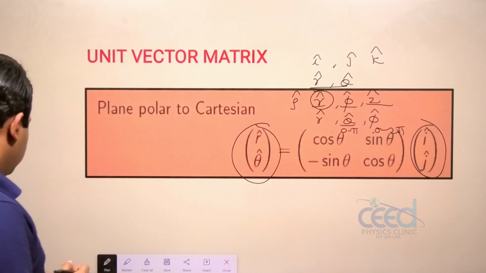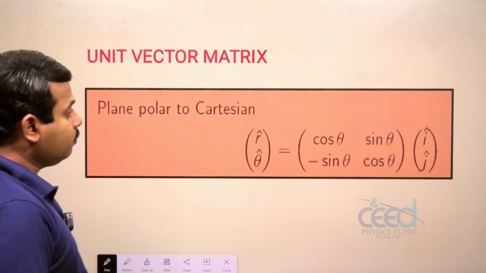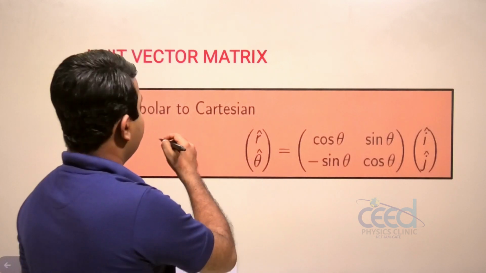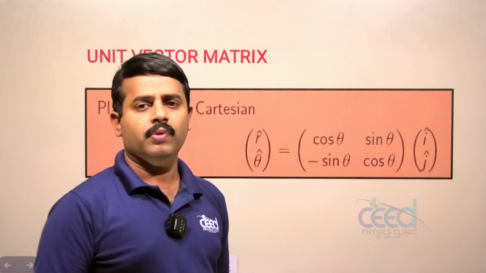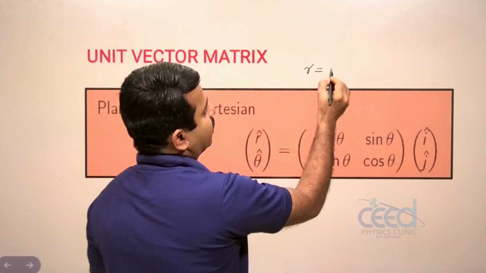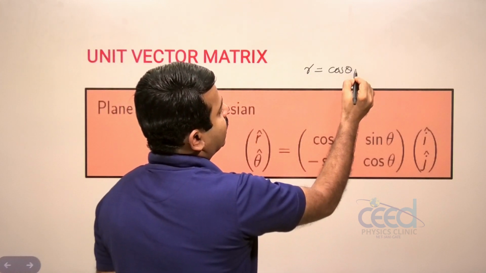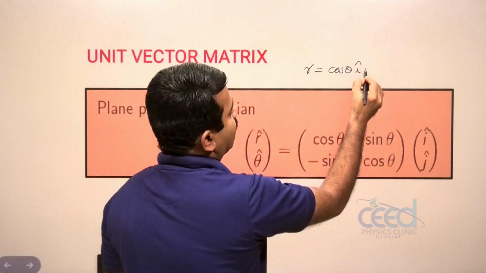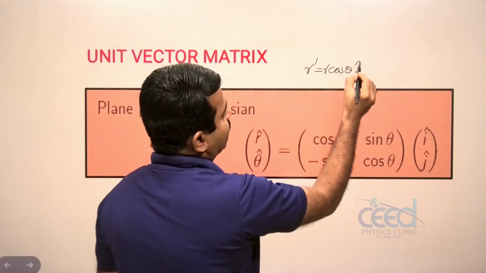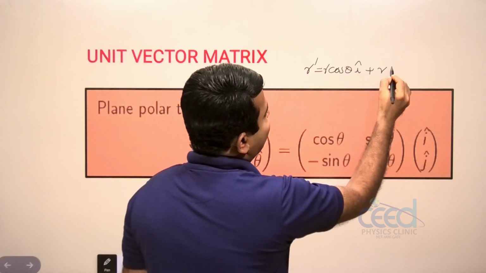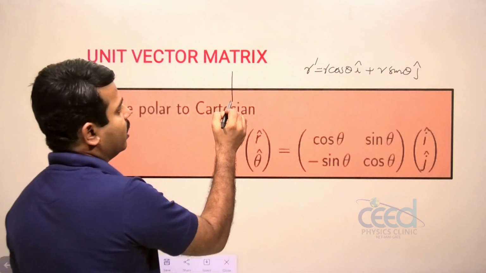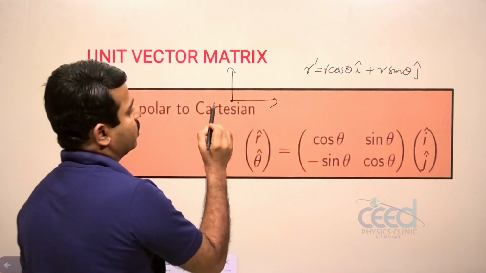So here you see r cap, theta cap, the plane polar coordinate system. How do we represent a position vector? r dash is equal to r cos theta i cap plus r sin theta j cap. We already saw the plane polar coordinate system.